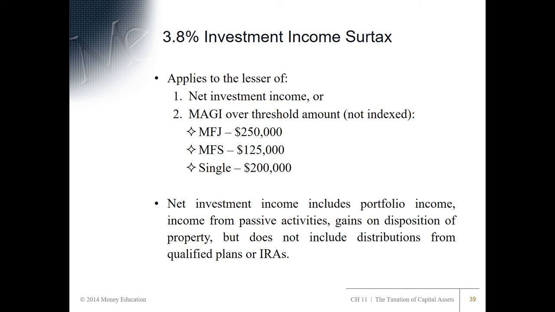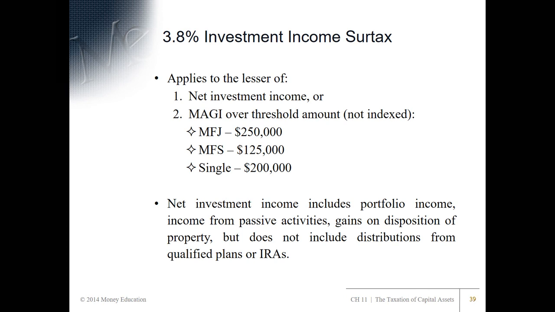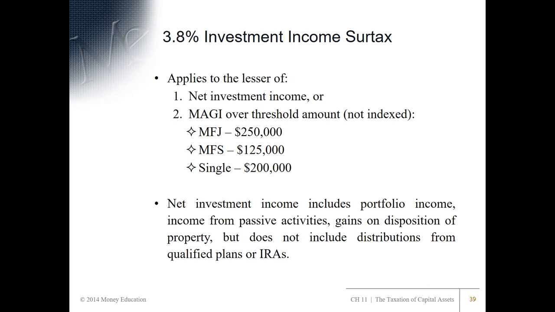So recall that the MAGI, modified adjusted gross income, is a term you see all through tax. It's adjusted gross income and it's modified, and the modifications depend on the use. So we're not going to worry about exactly what the modifications are, it's not very important for our purposes.